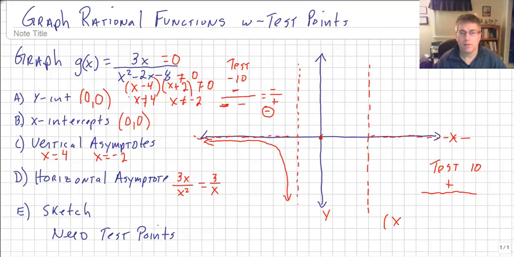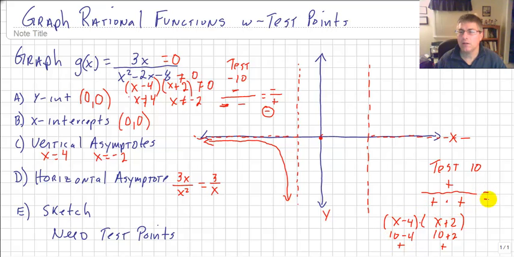of course, in factored form is x minus 4 times x plus 2. And if I put 10 in, I get 10 minus 4. Well, that result is positive. And I get 10 plus 2. That result is positive. And I'm multiplying a positive times a positive here. So I don't really care what my exact output is.